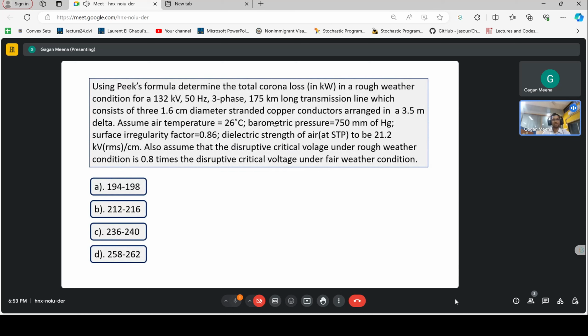Assume air temperature to be 26, barometric pressure 750, surface irregularity factor and dielectric strength are also given. So from here we need to find out the air density factor. This is 0.392 divided by 273 plus T, the temperature.